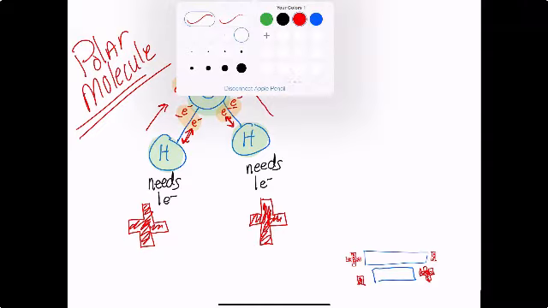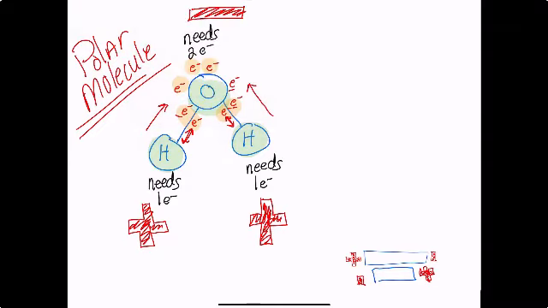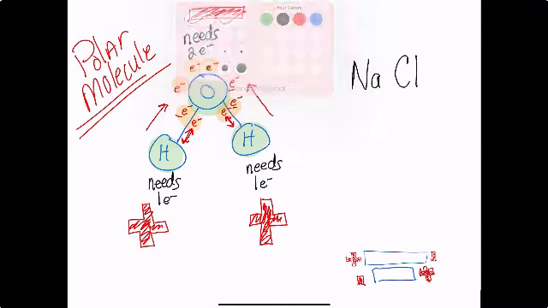If we put another polar material in it, like salt, NaCl, the sodium gives its electron away to chlorine, which makes the sodium more positively charged because it has given away its electron. Chlorine has picked up the electron, so it becomes more negatively charged.